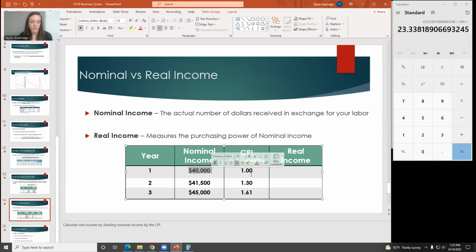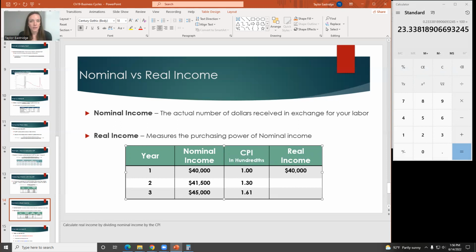This being my base year, I would calculate my real income by dividing my nominal income by the Consumer Price Index in hundreds. This being the base year, the CPI was 1. So my real income is $40,000.